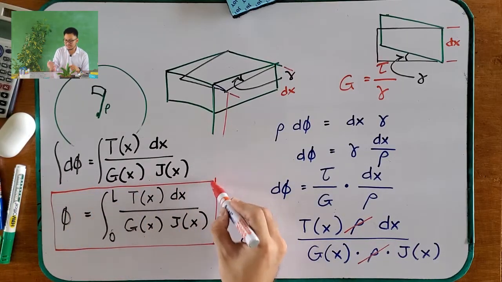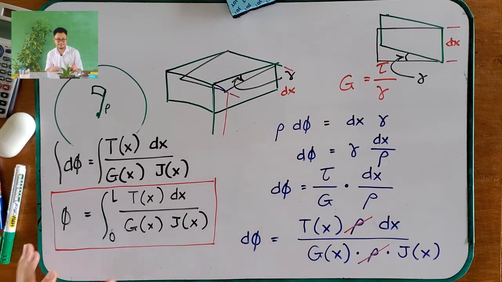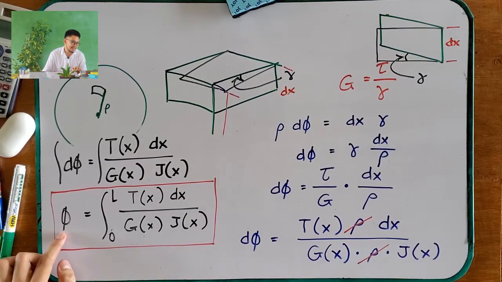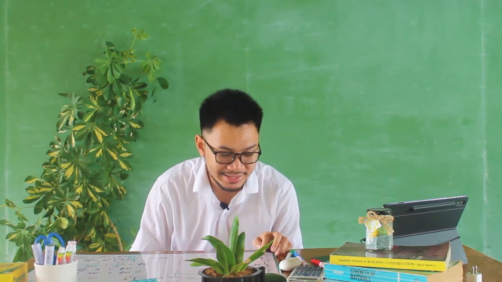Because this is the general formula of our angle of twist given the torque that is applied to your shaft. Well, take note, this one is your angle of twist. And this one is expressed in radians. Always take note of that. Your T of x is your torque that is applied as a function of x.